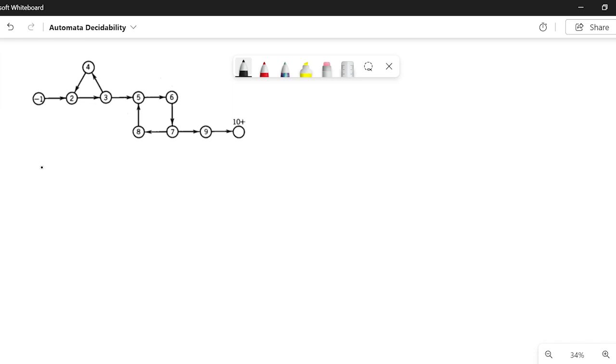So let's try to satisfy Theorem 17 with this example. Again, if you can remember, the equation that we need to satisfy in Theorem 17 is that the length of W should be greater than or equal to n and less than 2n. So for this equation, let's identify how many n's or states we have first.